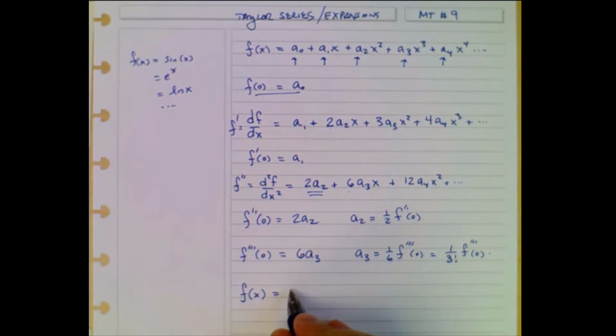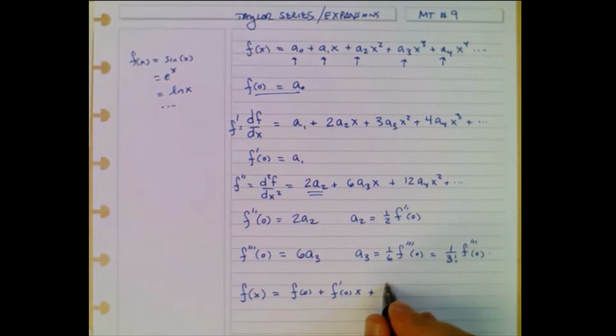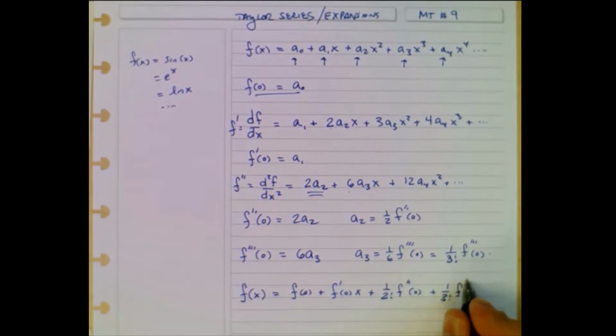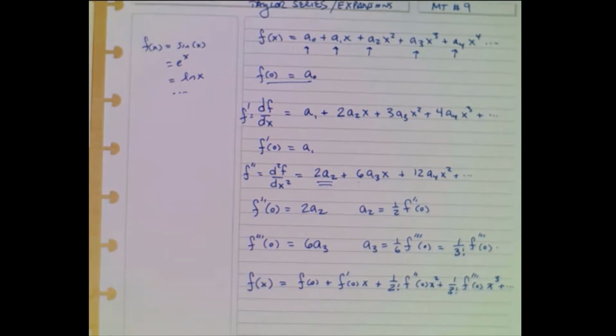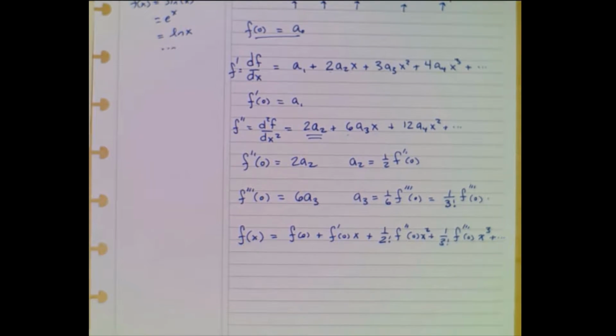So this simply becomes f of 0 plus f prime at 0 times x plus 1 over 2 factorial f double prime at 0 plus 1 over 3 factorial f triple prime at 0. Sorry, I'm missing an x squared there and an x cubed here. All right? But it has a very nice appearance. Okay?